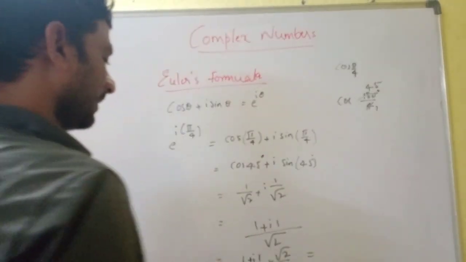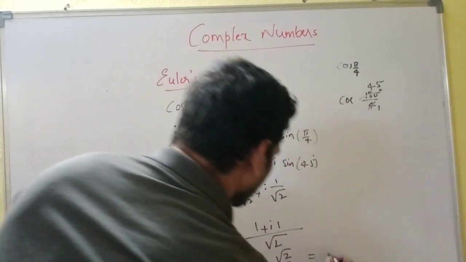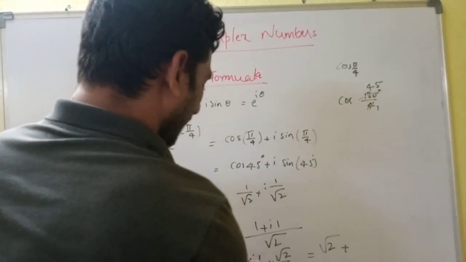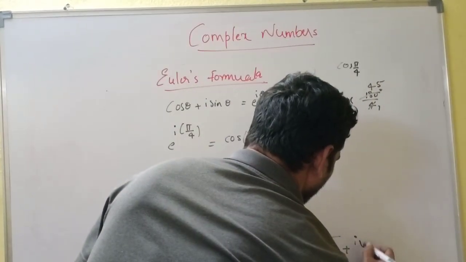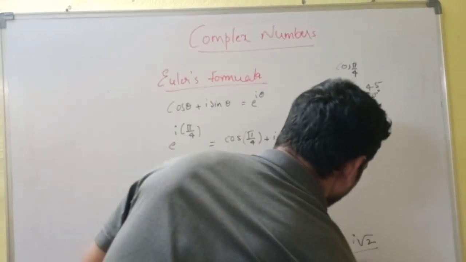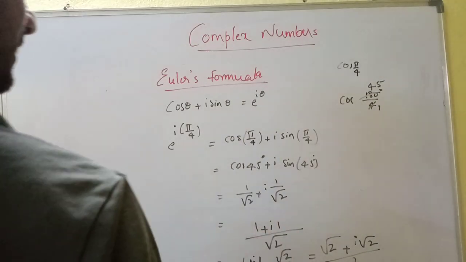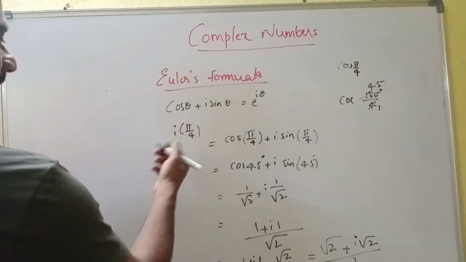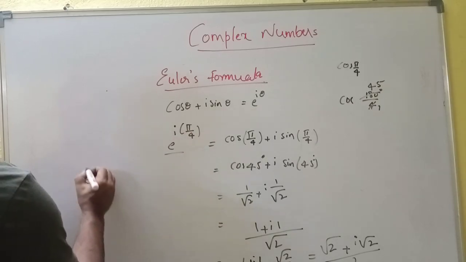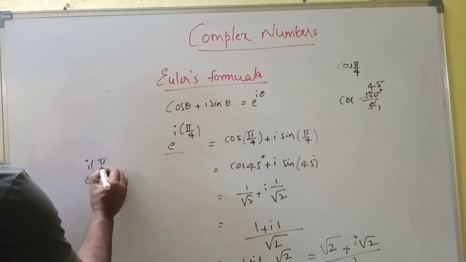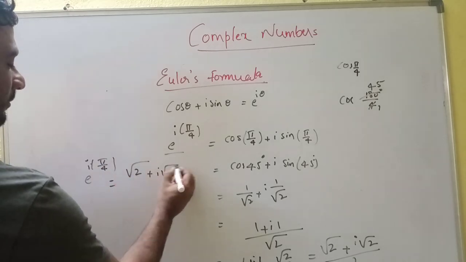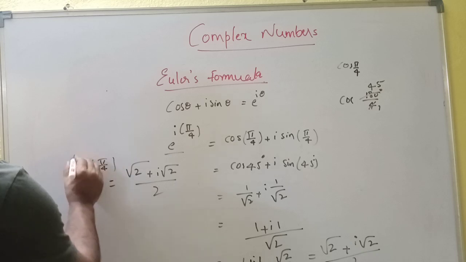This becomes root 2 plus i root 2 divided by 2. So e power i into pi by 4 equals root 2 by 2 plus i root 2 by 2.